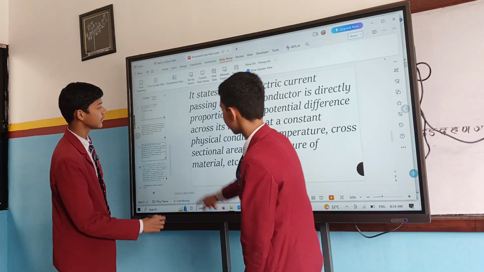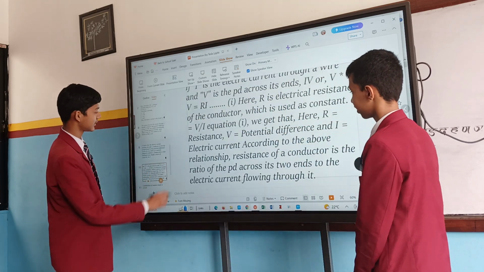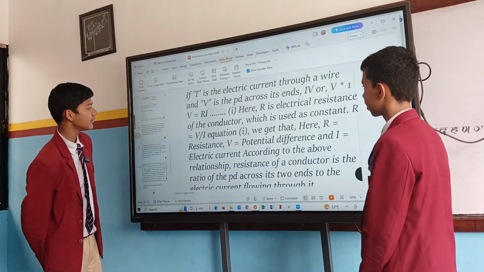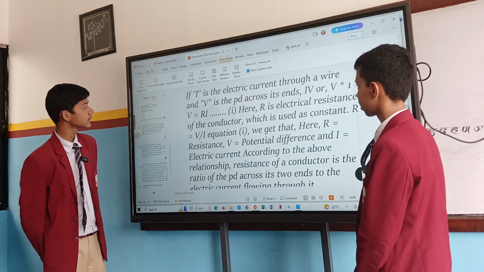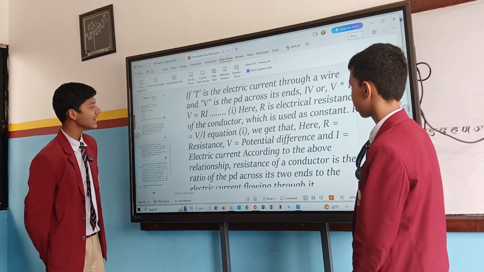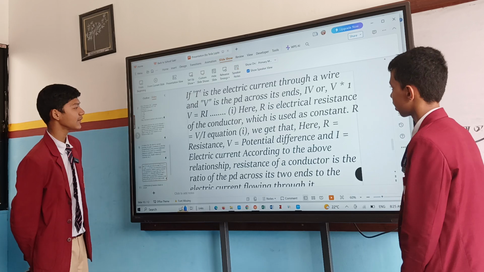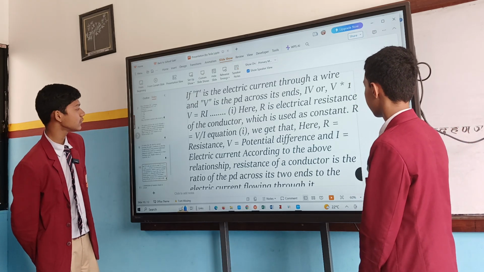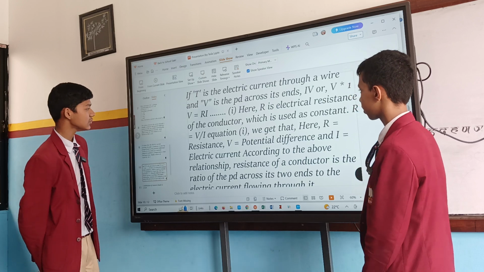It states, if I is the electric current through a wire and V is the PD across its ends, then I is proportional to V, or V is equal to RI.